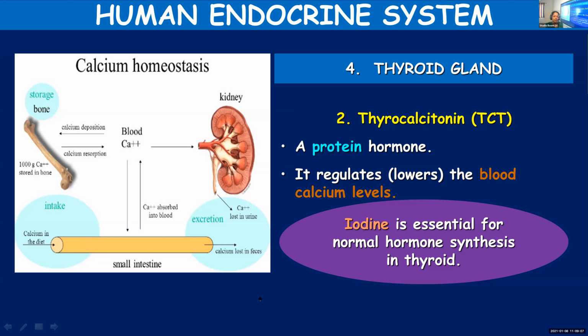It's a general statement about all the hormones produced by thyroid gland. If the thyroid gland has to produce these hormones, presence of iodine is essential. It's not a function of thyrocalcitonin. It's a statement applicable for all the hormones produced by thyroid gland. Okay, Steffi? Okay, ma'am.